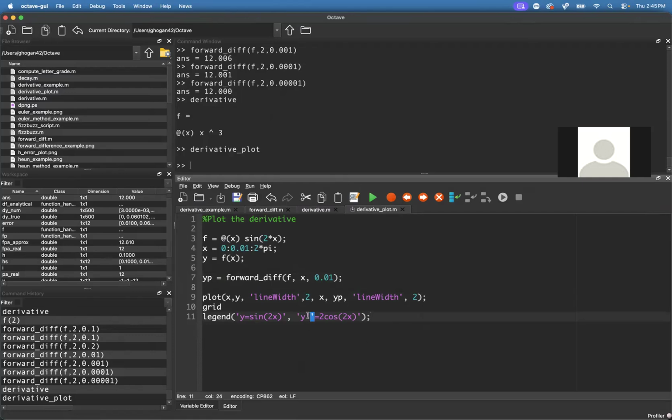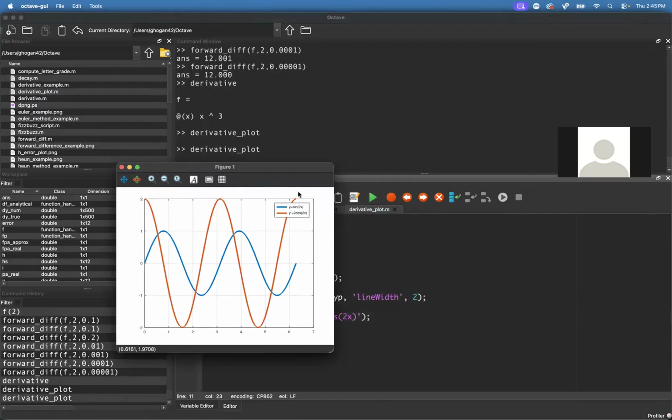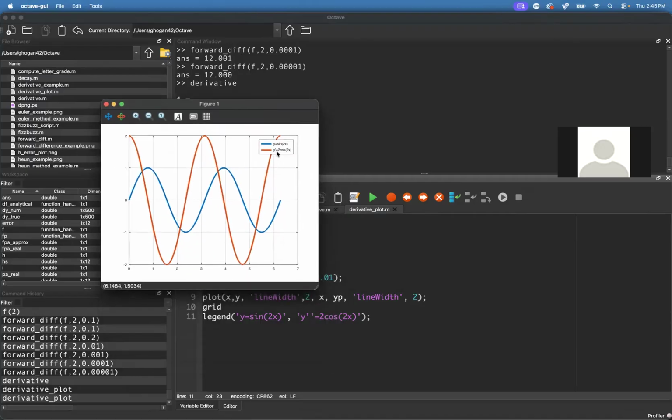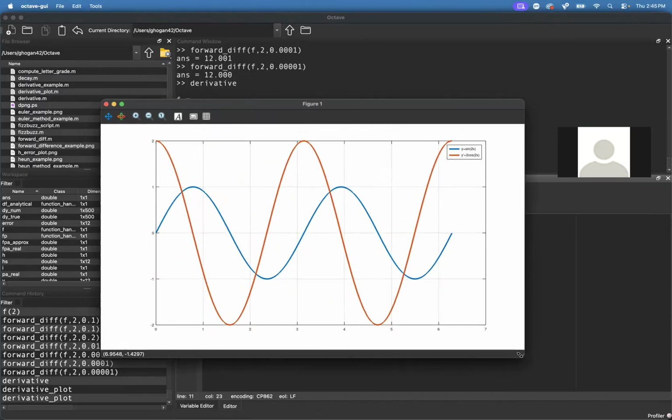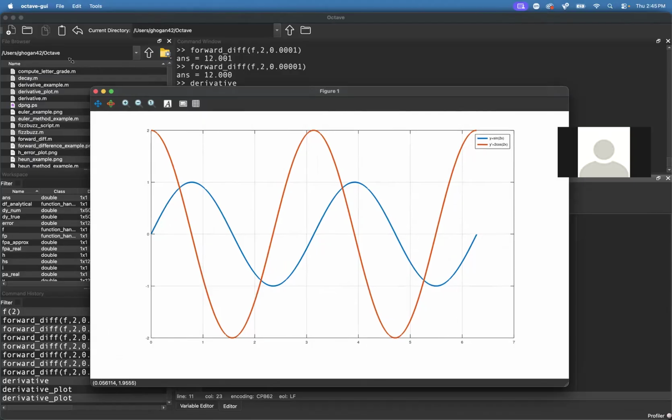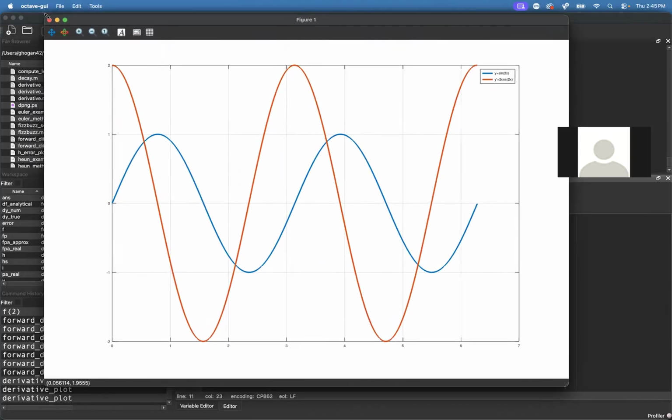Also, you might notice I typed 2 apostrophes there. That's intentional because I think the legend will require that, and it'll actually say y prime there. All right, so what do we have? Hopefully this should look like the function and its derivative plotted in a single plot.